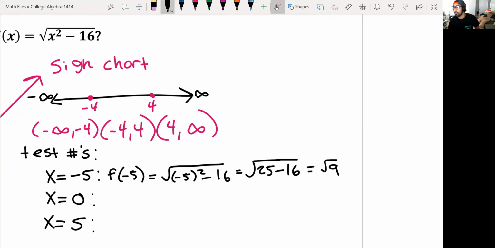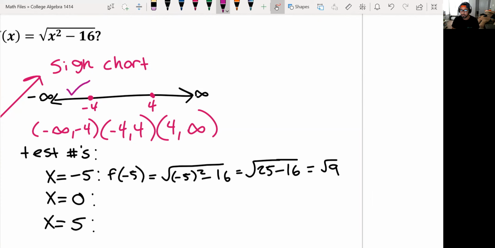Now, I don't care about the answer. I'm just looking at the sign of the result. Can you take the square root of 9? And that answer is yes. The square root of 9 is 3. So what this tells us, looking at the sign chart, is that no matter what number you pick from -infinity to -4, you will always get an answer. So this means that the interval from -infinity to -4 checks out.